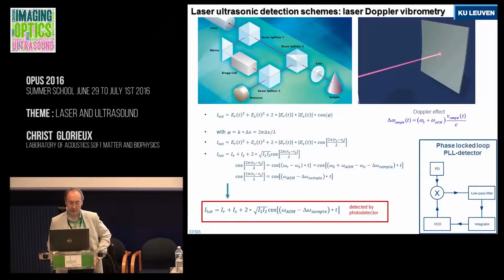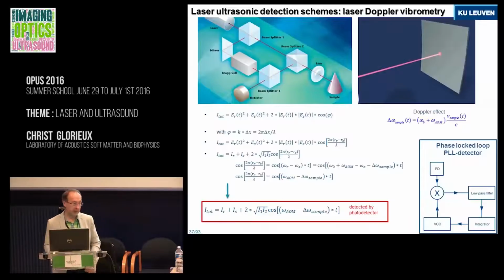So the Doppler effect changes the frequency according to this equation. Omega 0 is the starting frequency. The second term I will explain a bit later. But the Doppler effect is simply proportional to the ratio between the velocity of the object divided by the speed of light. So very simple. Now, how to detect these changes in frequency of the light?